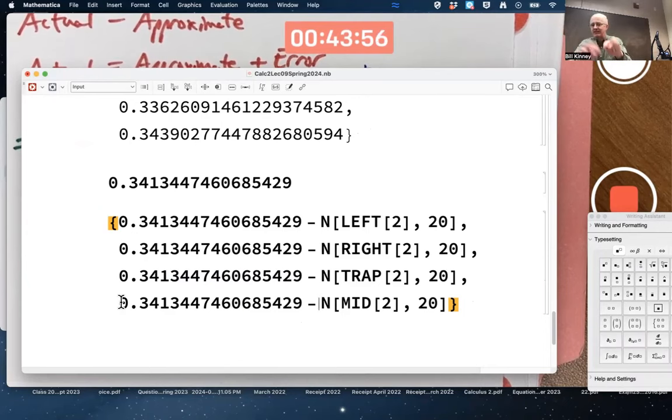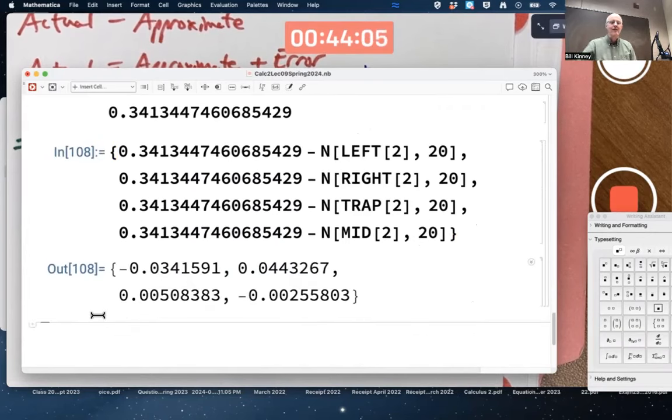Actual really in quotes, because even that 20 decimal approximation is still an approximation. What do I get? I get some numbers close to 0. The negative ones, actual minus approximate, correspond to approximations that are too big. The left-hand rule and the midpoint rule were too big. The positive ones, for right-hand rule and trapezoid rule, those were too small in their approximations. But they're all pretty close to 0.